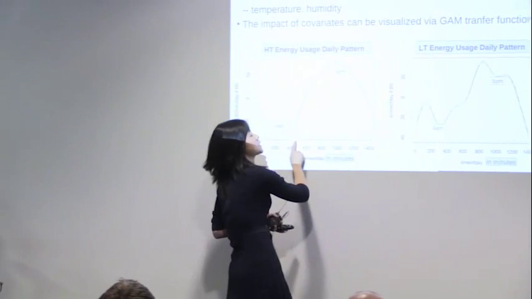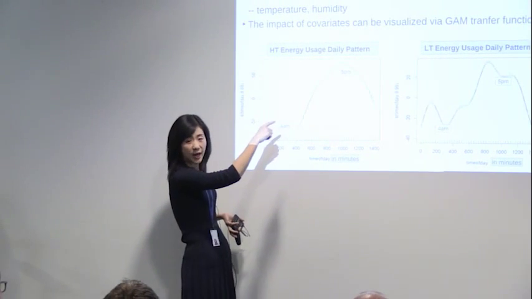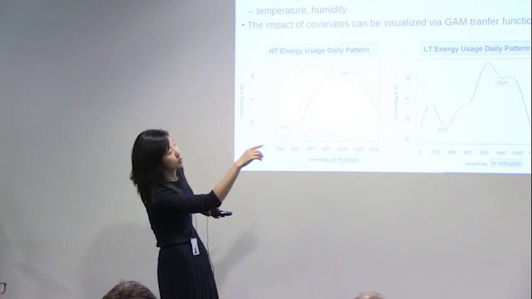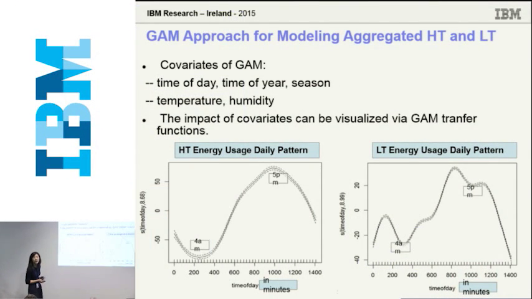So this is HT, this is LT. And the HT peaks around 5 p.m. and LT is slightly earlier, but at 5 p.m. it's where LT is really high. So this transfer function really provides you with a visualization of what's going on, the pattern of your electric usage.